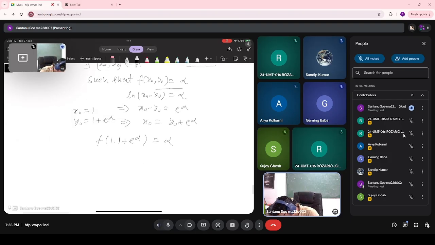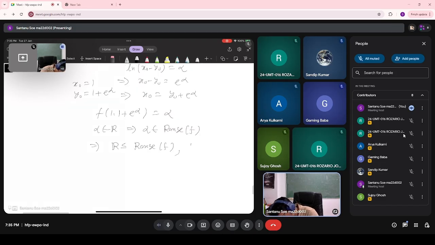So then you can say that alpha belongs to R implies alpha is in range of f. So this implies R is a subset of range of f. And we have already shown that range of f is a subset of R. So this implies range of f is R. Is it clear?